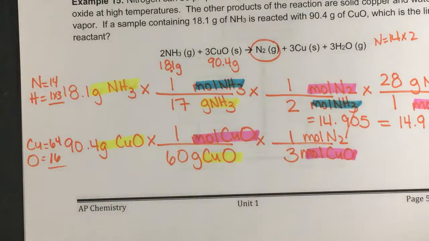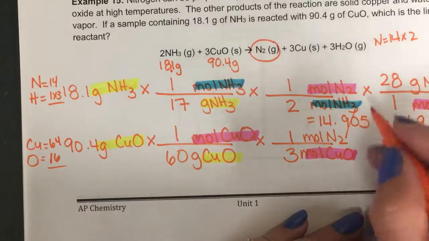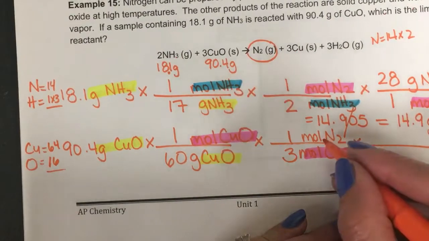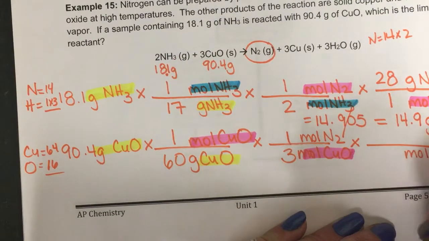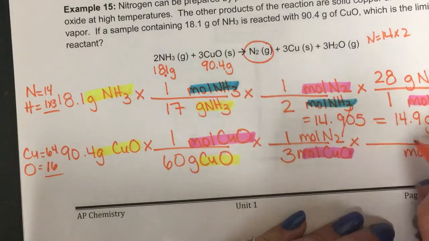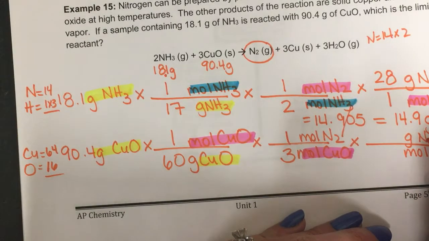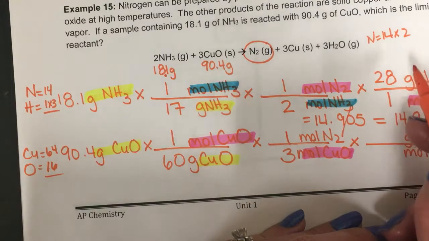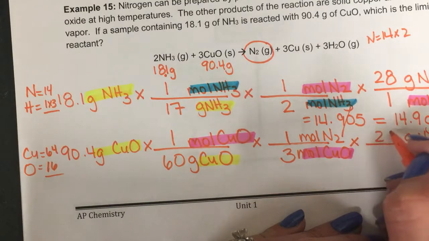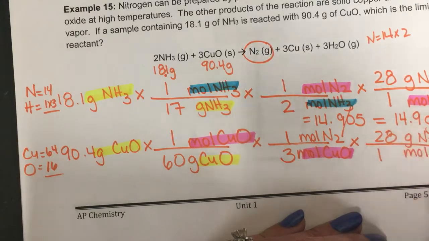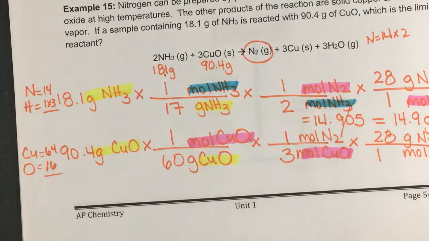Okay. And then I'm going to do the same thing in step 3. I get rid of my moles of N2, and I'm changing it to grams of N2. I know that grams is equal to the number from the periodic table. I already did this math. It's 28, and the number from the periodic table is equal to 1 mole. Okay?